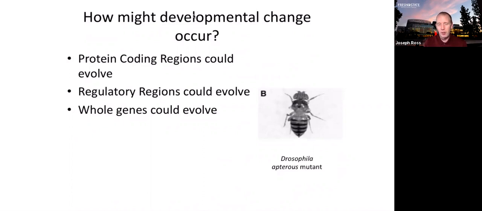Or a third option is you could get an entirely new gene from scratch. So not a mutation to an existing gene. That would be one of the first two options. So if there's an existing gene, you can cause developmental change by tinkering with that gene. Or you could produce a new gene that has a new function that changes something for the first time in an organism.